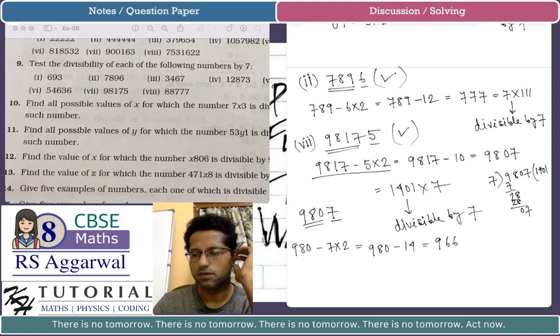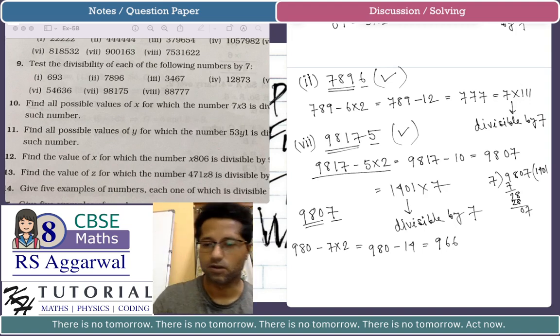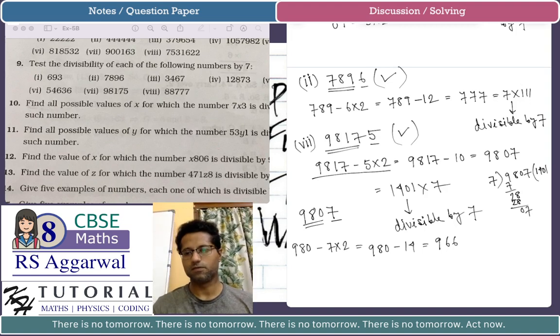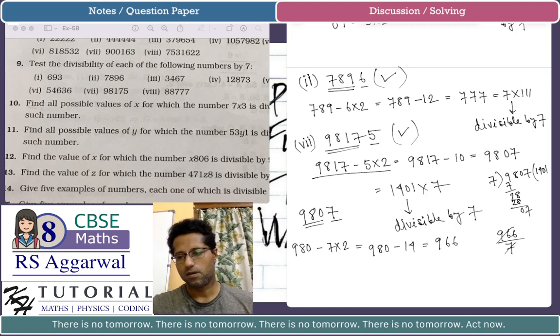Now this is a 3-digit number, which might be easy to check whether 966 is divisible by 7 or not. Is it divisible by 7? It should be. If I divide 966 by 7, I have 1, 26, 3, 21, and 8.